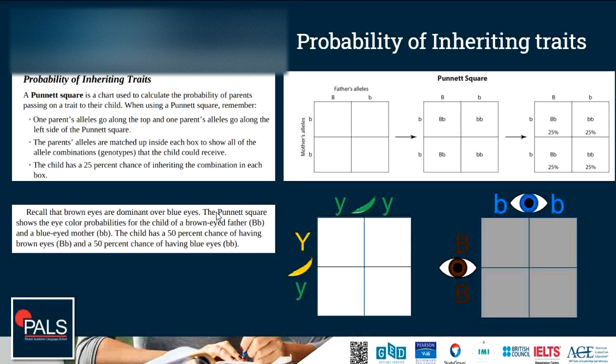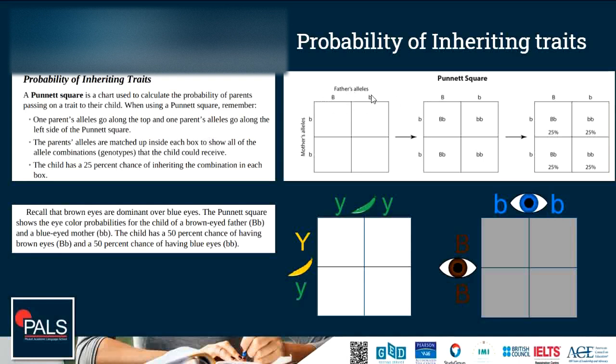One parent's alleles on a Punnett square go to the top, and the other parent's alleles go to the left side. So for example, here on top we have the father's alleles, and on the left side we have the mother's alleles. The parents' alleles are matched up inside each box to show all the possible genotypes that the child could receive.